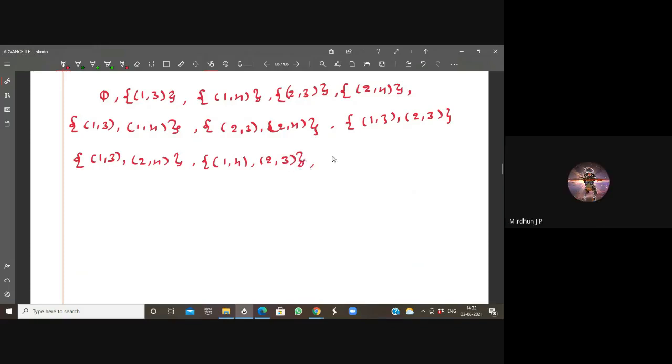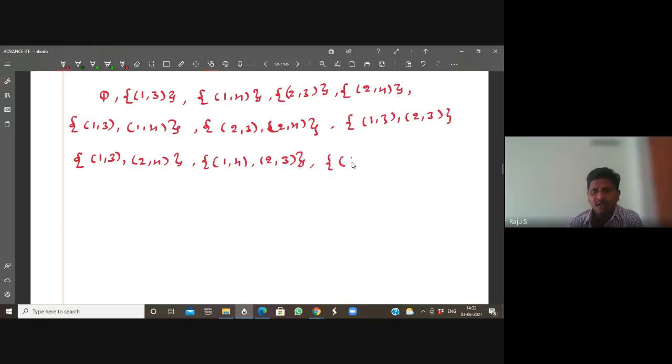Okay, sir. If you write in order-wise like this, we may not repeat. If we write zigzag like 1 comma 4, 2 comma 3, we might again repeat 2 comma 4.